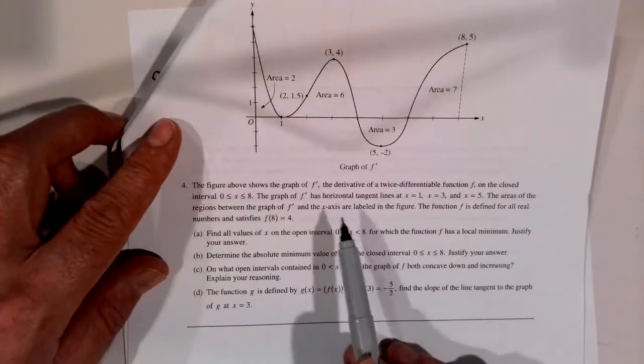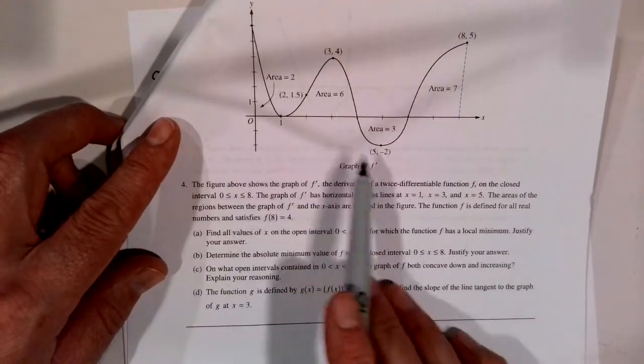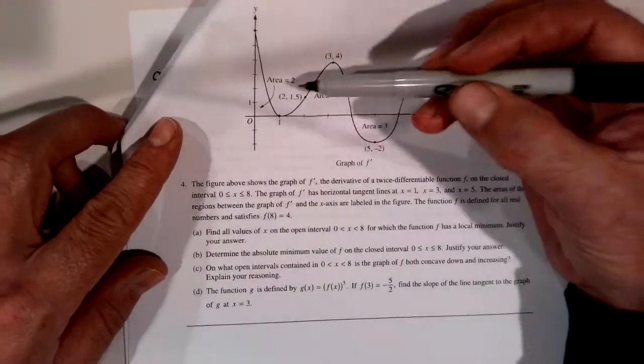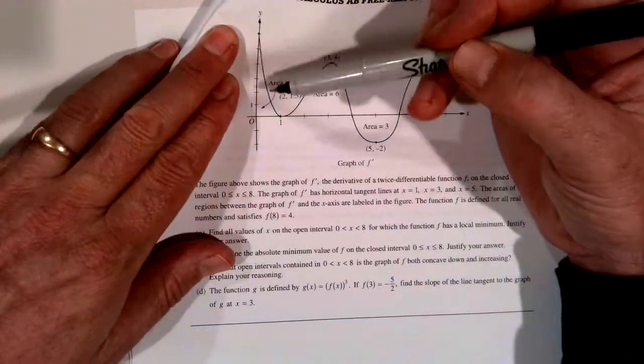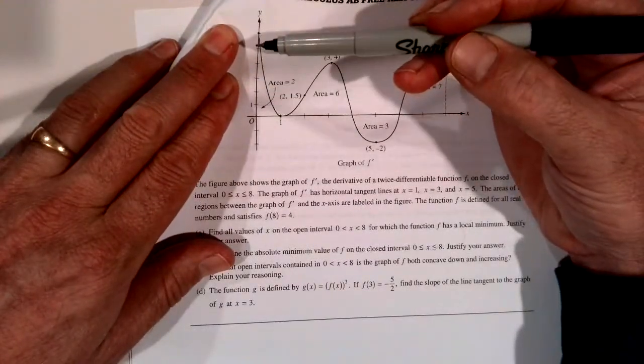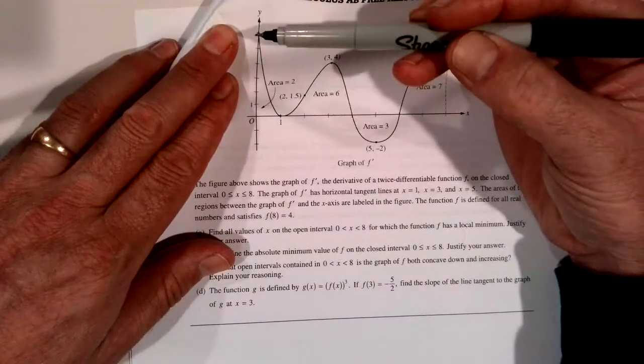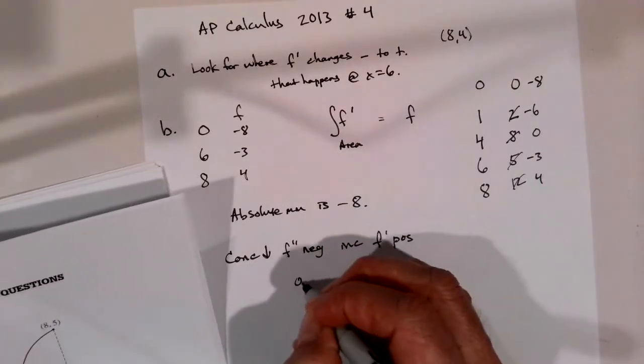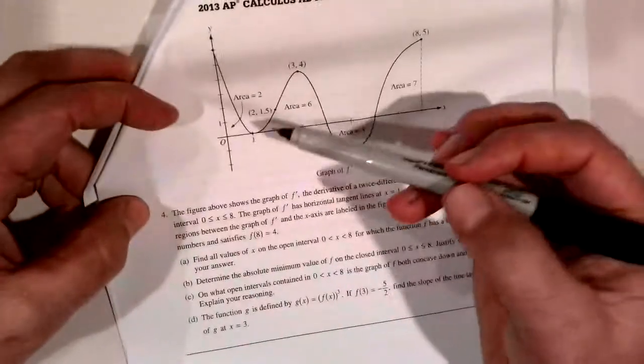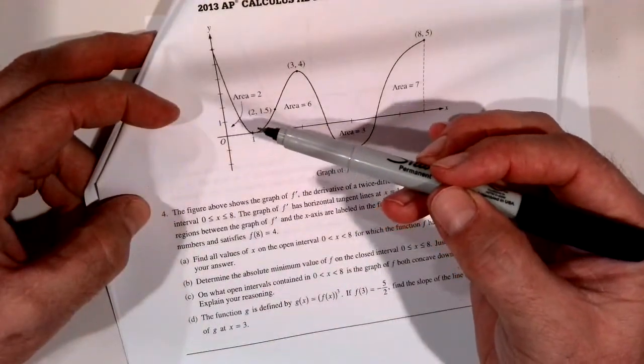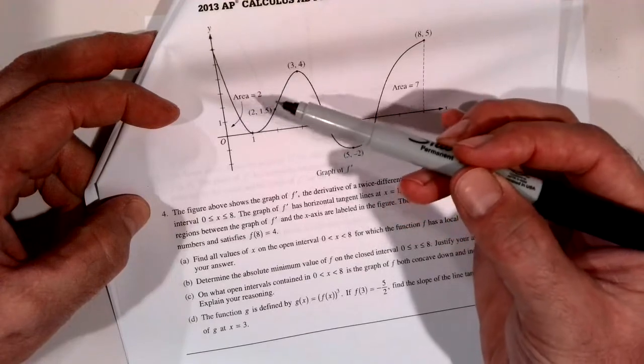But now f double prime would be the rate of change of f prime. If you consider the slopes, we're headed down here. So f prime is positive, it's above the x-axis, but we're trending downward. So we're looking from 0 to 1. And then f prime is positive and f double prime is positive.